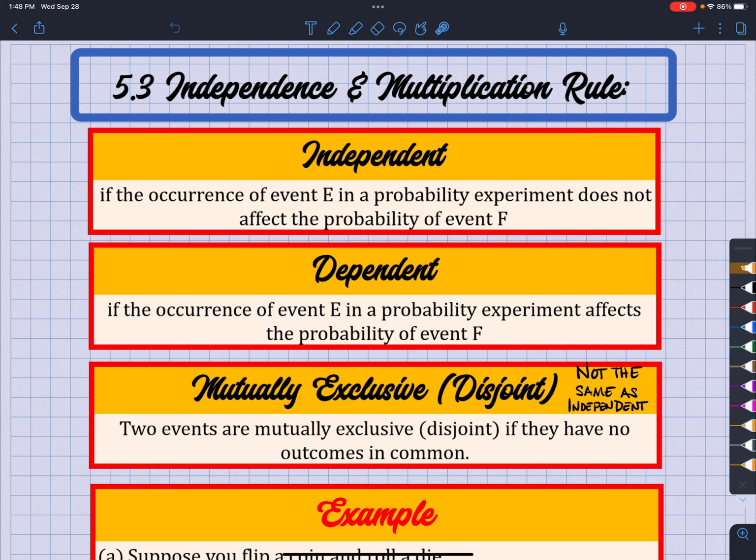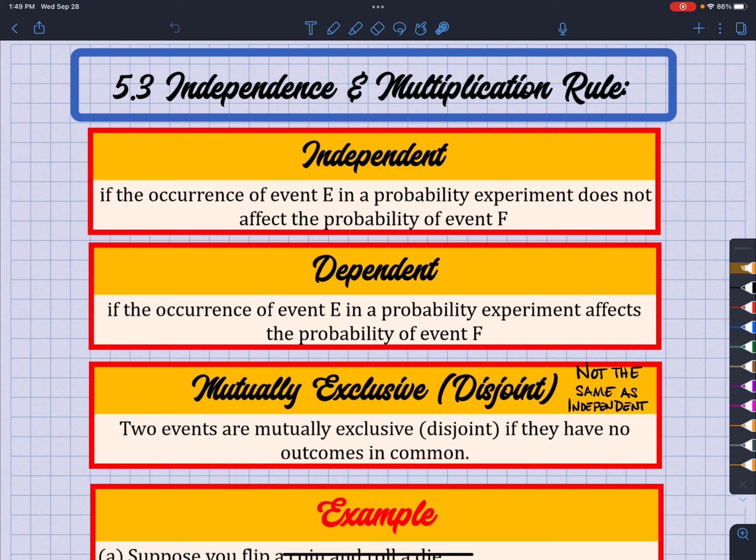All right, so today we're talking about independence and the multiplication rule. An event is independent if the occurrence of event E in a probability experiment does not affect the probability of event F. That almost sounds like mutually exclusive, but it is not at all.